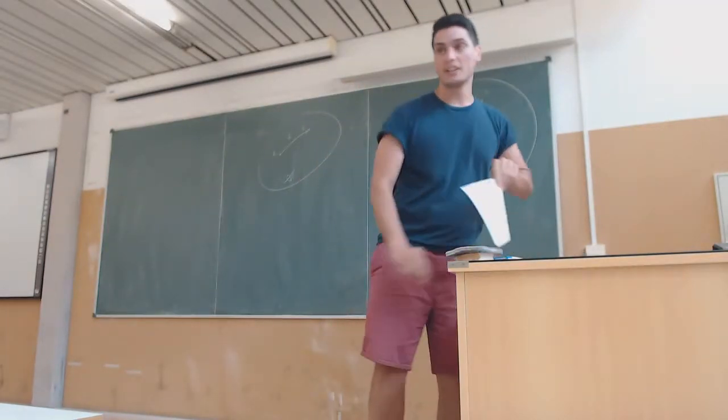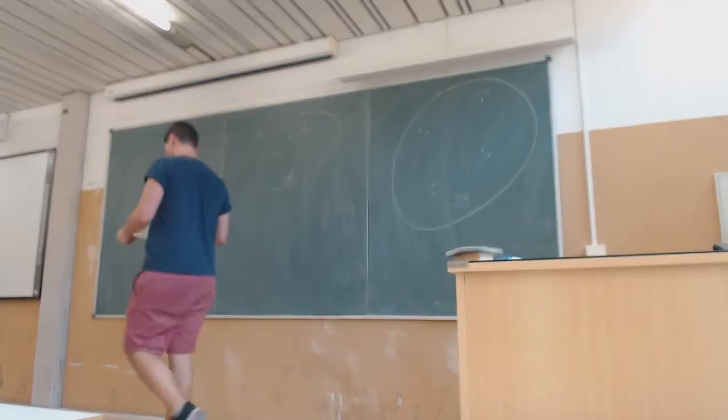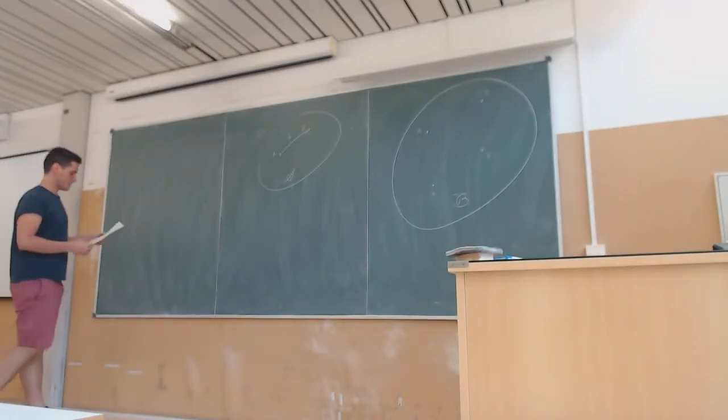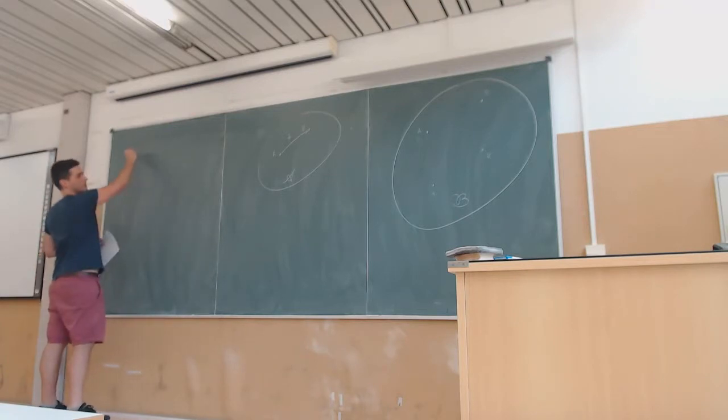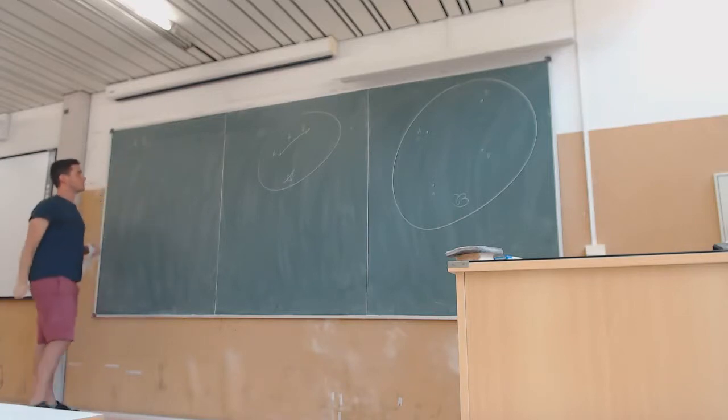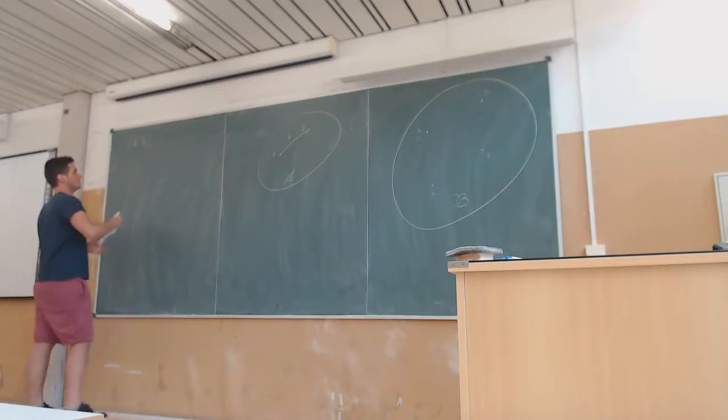Let's begin by recalling the definition of natural transformation, as the diagrams already indicate. So remember that we're going to consider the family of functors between two given categories.